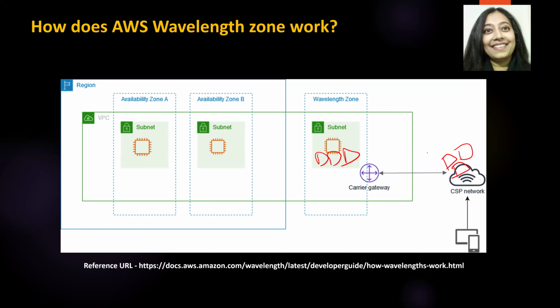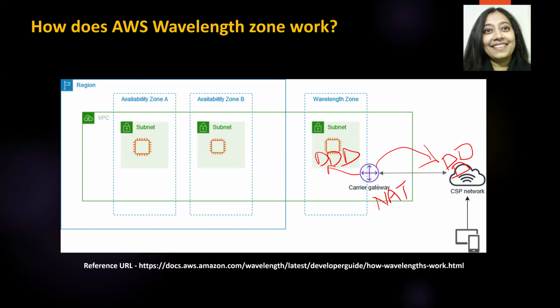So it essentially performs network address translation of IP addresses of the EC2 instances running in your wavelength zone, on your wavelength infrastructure, and the IP addresses for the instances running in your CSP network.